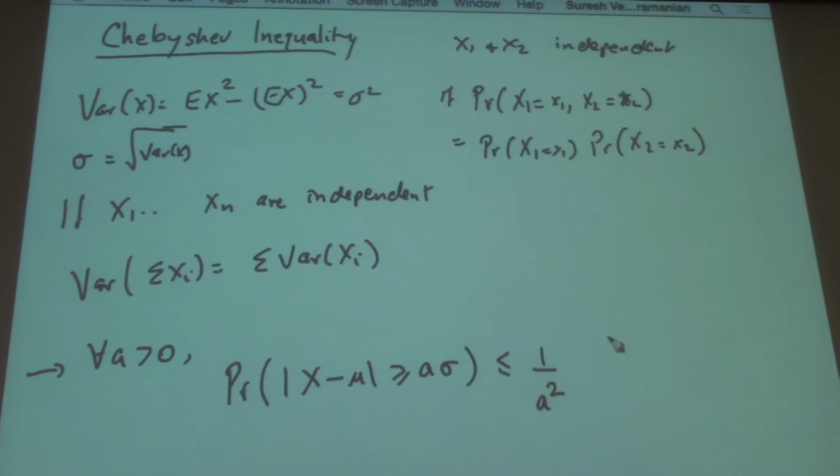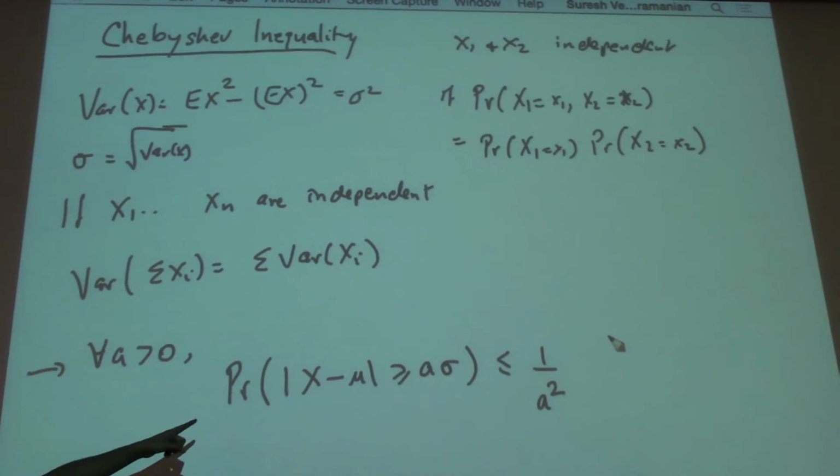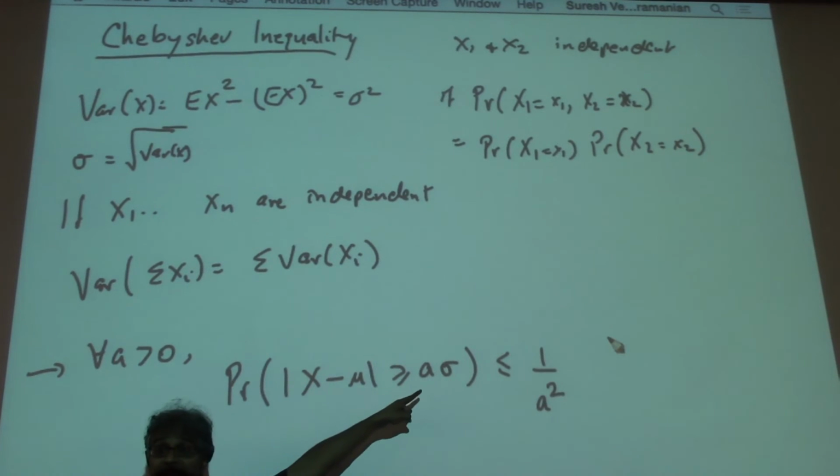This is the inequality. So let's take a second to parse what we're saying here. Is this a tail bound? It is, because we are measuring the distance from the mean. We're saying what is the probability that we're far away from the mean. So that's good, it is a tail bound. Notice though that now the unit of measurement is not in terms of steps multiplied by the mean, it's in terms of steps multiplied by the standard deviation.